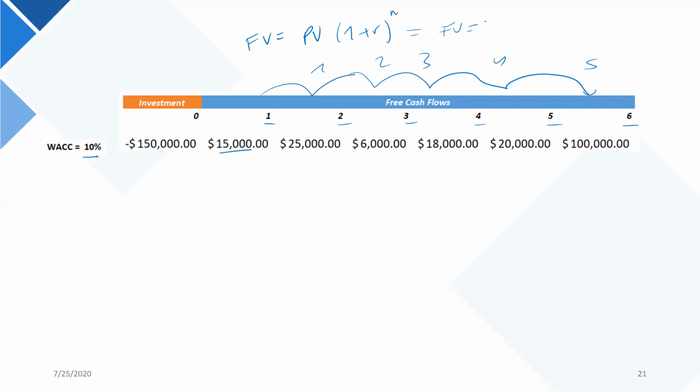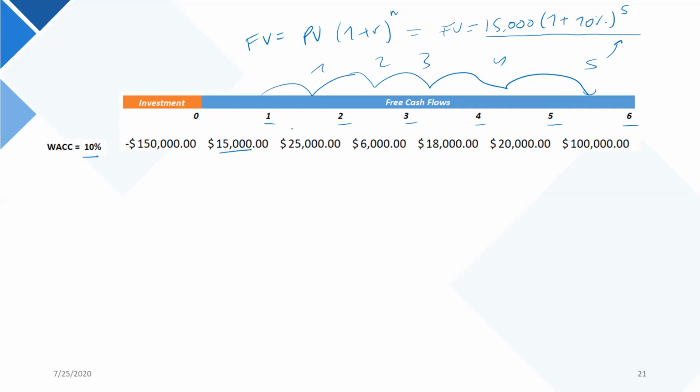Future value of 50,000 will be 50,000 times 1 plus the rate, which is actually 10%, at the period of capitalization, which will be 5. And this one will give me the future value of the money, right?